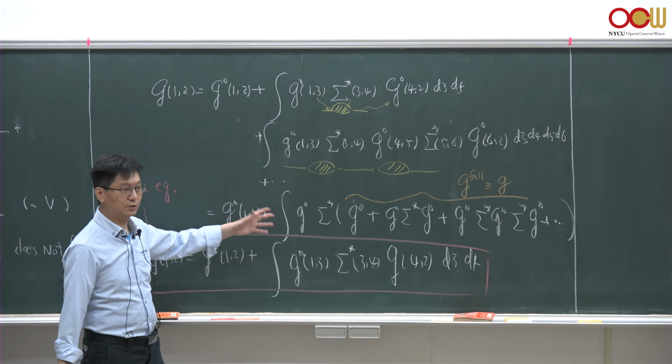All right, so I simply just remove all this space and time integration, d3, d4, and so on, by taking the Fourier transformation from the real space-time to the Fourier space, okay, in the k and omega space, so that there is no integral anymore.